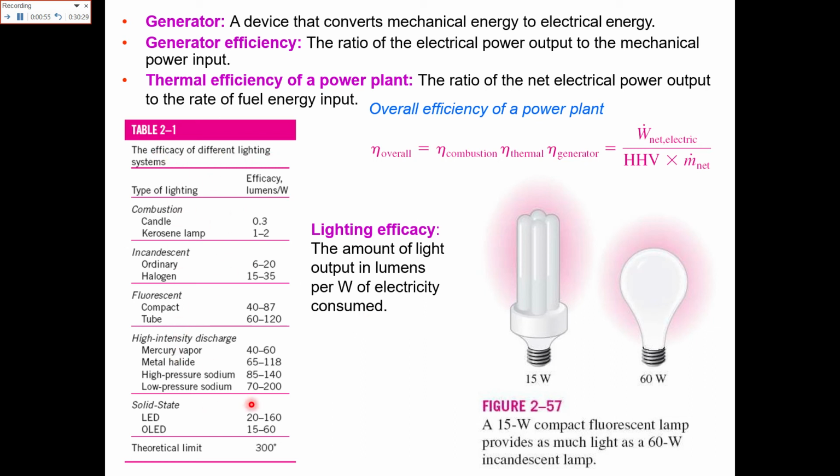You can see that a 15 watt compact fluorescent lamp provides as much light as a 60 watt incandescent lamp, so its efficiency is higher. It consumes fewer watts of energy and provides more lumens. However, this other lamp consumes more watts, so its efficiency is lower as compared to this one.